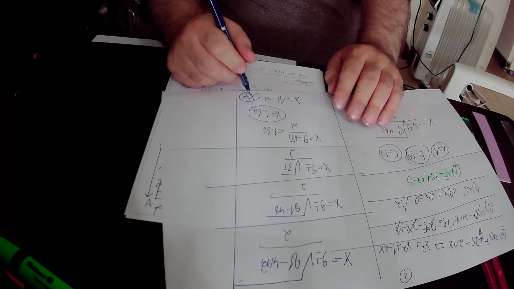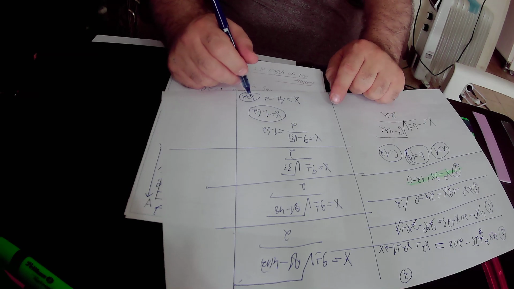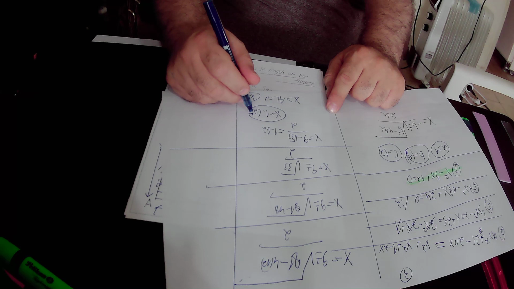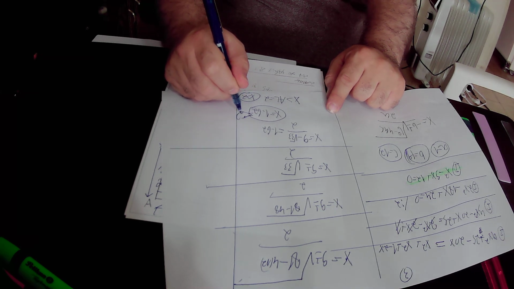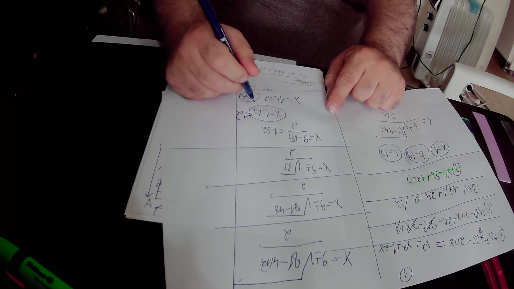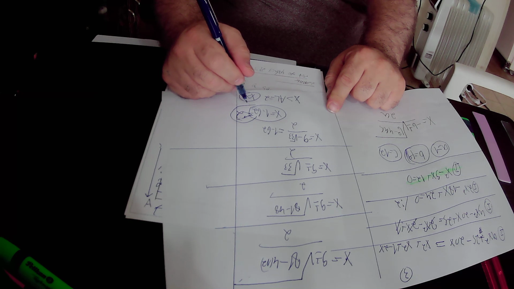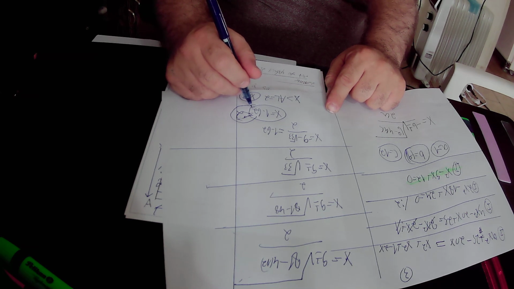But according to the first solution for x, we found that x equals 1.62, that is less than 2 units. So, because x must be greater than 2 units, and in the first solution x is less than 2 units, we will cancel this solution.